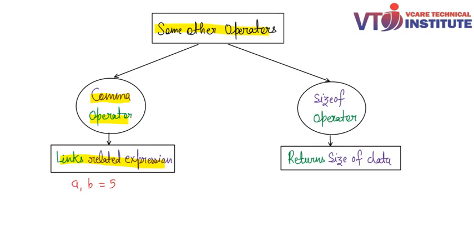And then there is the sizeof operator, which returns the size of data. We are going to talk about it in further lectures when we talk about arrays, but for the moment, our operators are finished. We have studied all the kinds of operators that we are going to use in further programs.